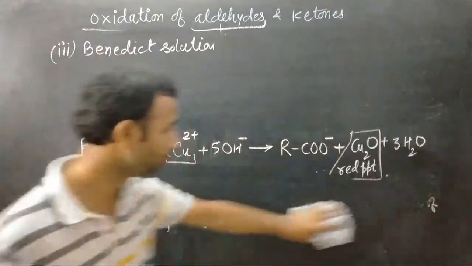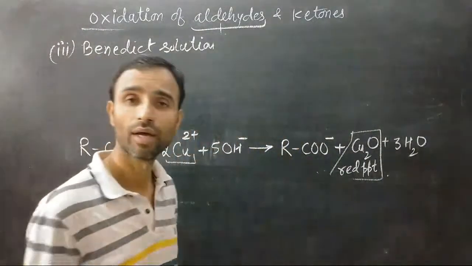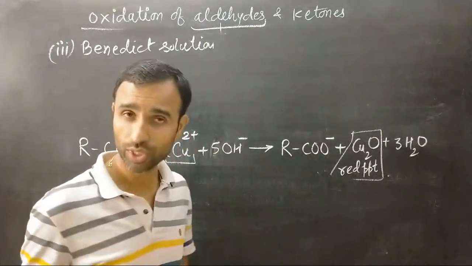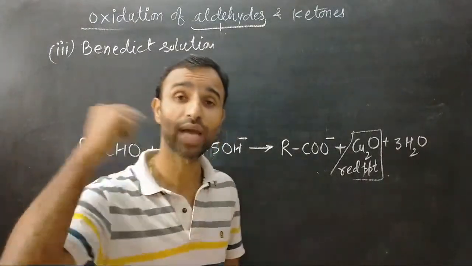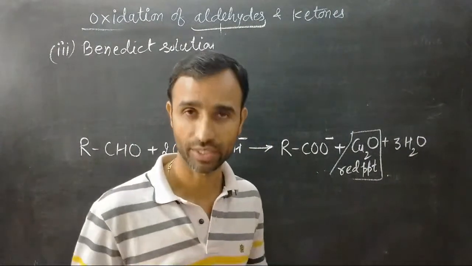So it can be used to distinguish between aliphatic aldehydes and aromatic aldehydes. Fehling solution or Benedict solution both can be used to distinguish between aliphatic aldehydes and aromatic aldehydes.